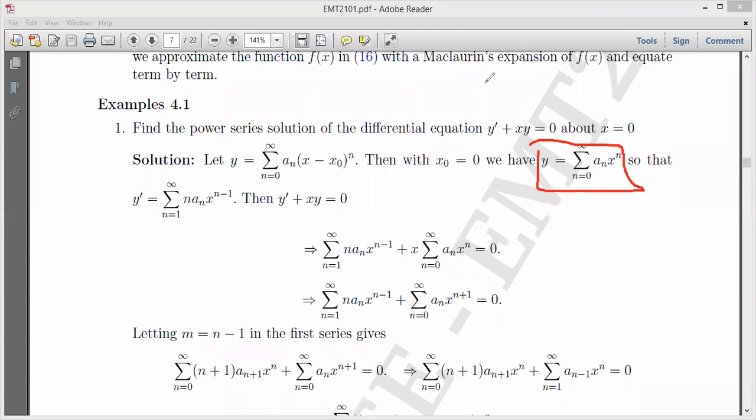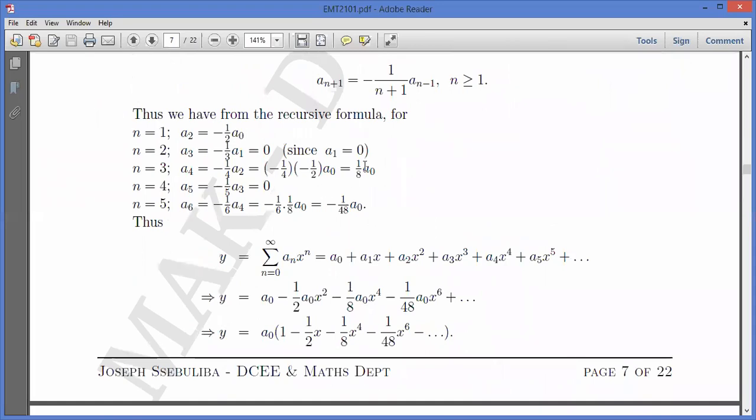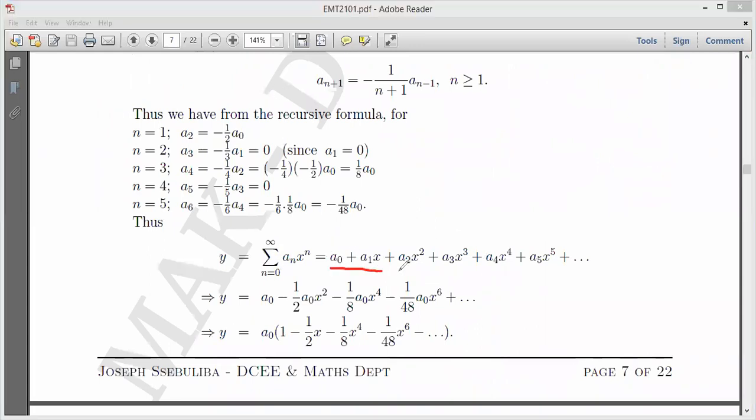If you do that substitution, you will end up with what you see here. Remember, we have A0, then we have A1, A2, A3, all the way up to A infinity. So when you deal with this, this is our statement. We have substituted. When we substitute, you get this one here.